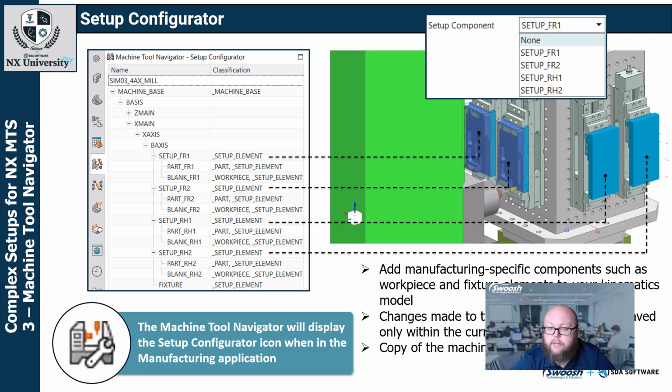How do we get all this information to inherit properly when we're using multiple setups, multiple orientations of our part geometry, and our IPWs? That's how we can start creating multiple setups and, inside of the NX CAD geometry view, specify which setup configurator setup we want to tie this material to, because we can't tie all the geometry, if we have multiple workpieces, to one setup element.